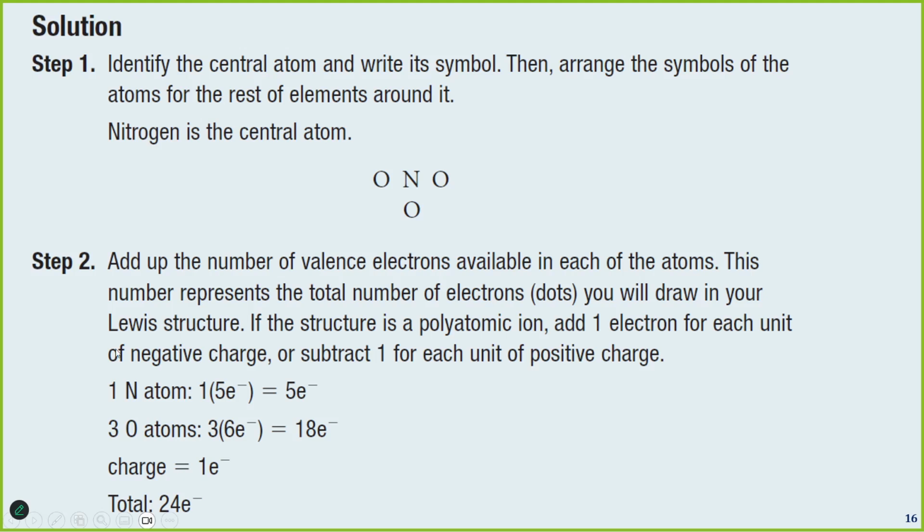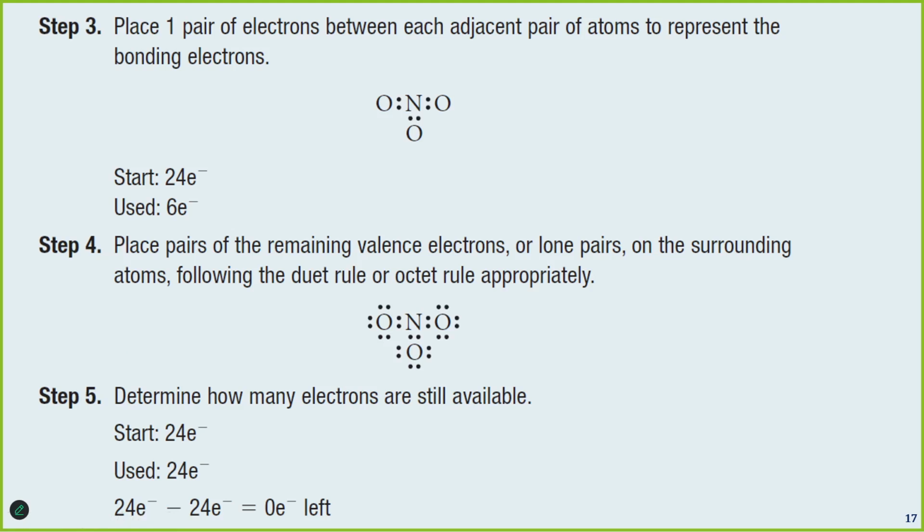Then in step 3, place 1 pair of electrons between each adjacent pair of items to represent the bonding electrons. So at the beginning we have 24 electrons, and after this step we have used 6 electrons.